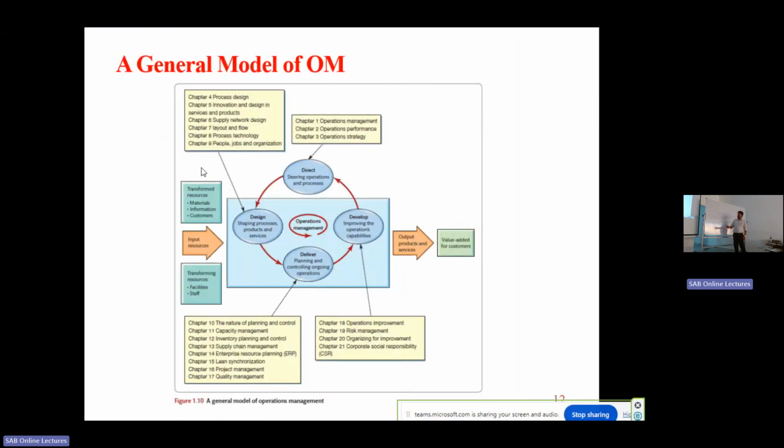Right, coming to our subject, I have taken this from a textbook that nicely summarizes and maps different areas of operations management into these key areas. So this is from the operations management textbook by Nigel Slack.